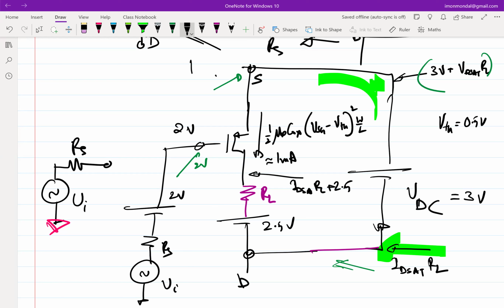If I had biased this at 2.5 volt, clearly IDSAT times RL plus 2.5 is higher than 2.5, which means the transistor goes into the linear region. So what is the solution? Can I do something to get the transistor back into saturation?